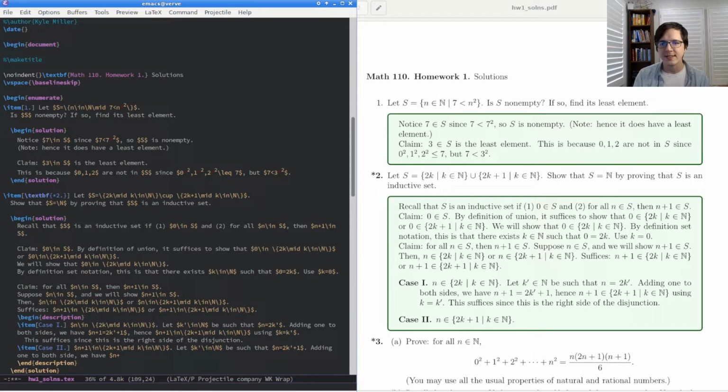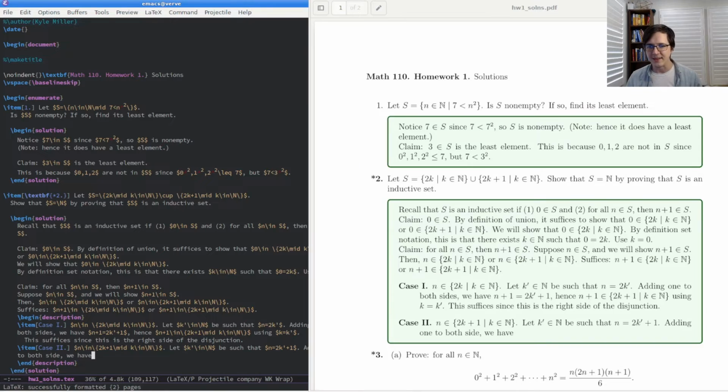Too bad I don't have chat off to the side to let me know of my mistake. Okay, so let's fix that. Oh wait, what am I doing? I've forgotten. Okay, now chat was telling me that I shouldn't have fixed that. Right, okay. I just need to compile and look at what's going on.